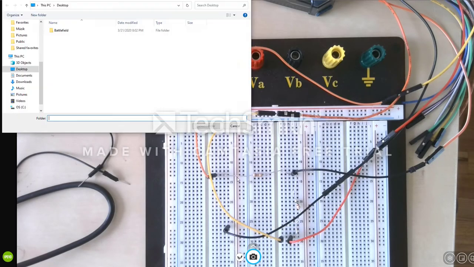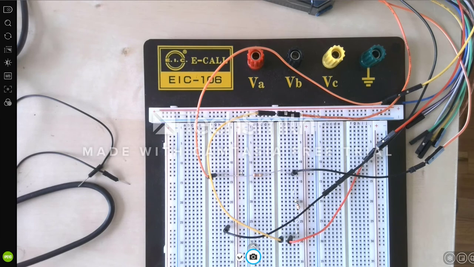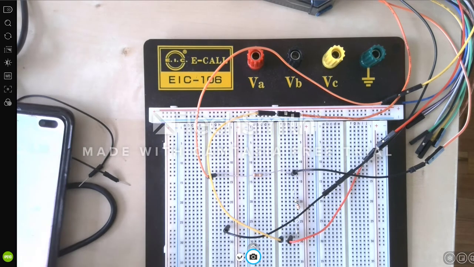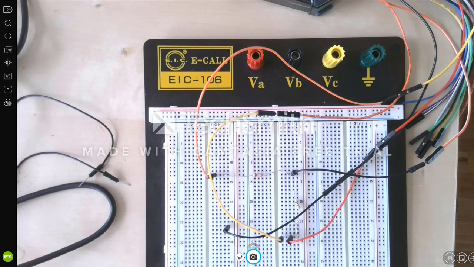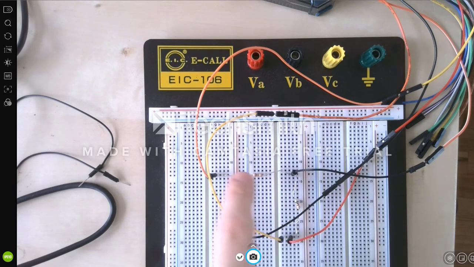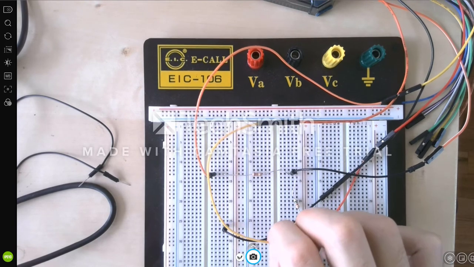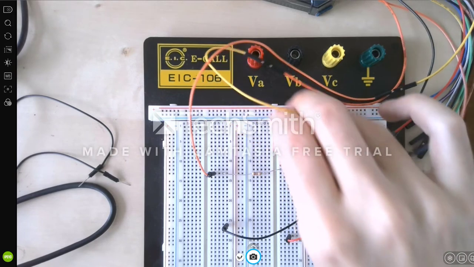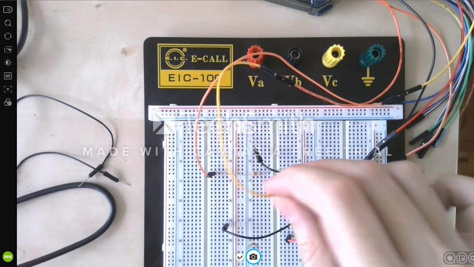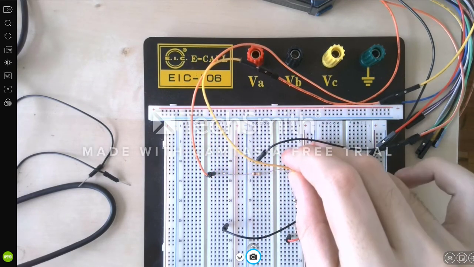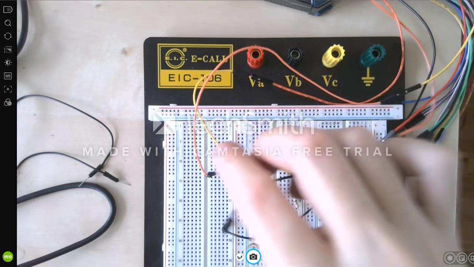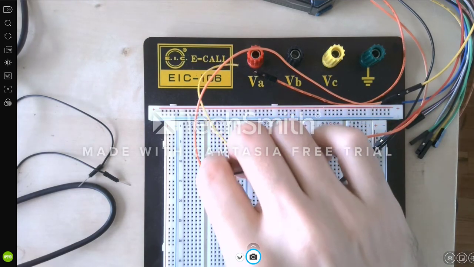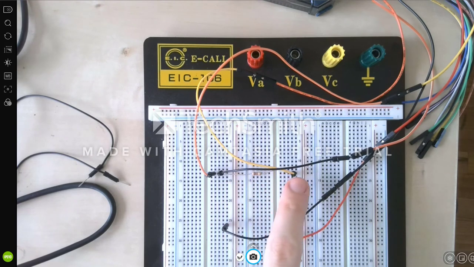Right, let's go back to our circuit. Now we will measure the voltage across the 2.7K resistor. We're going to put our channel nodes here and here so that they will measure the voltage across this resistor.